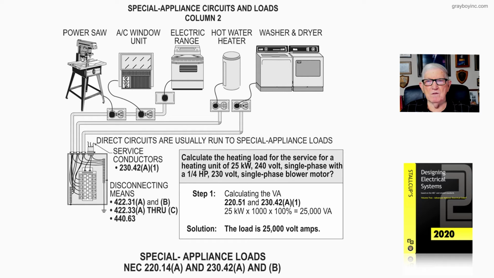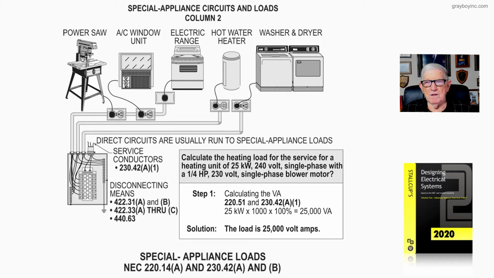And then notice if you had a heating unit, and that's the question, they tell us to calculate the heating load for the service for a heating unit of 25 kW, 240 volt single phase with a quarter horsepower, 230 volt single phase blower motor.